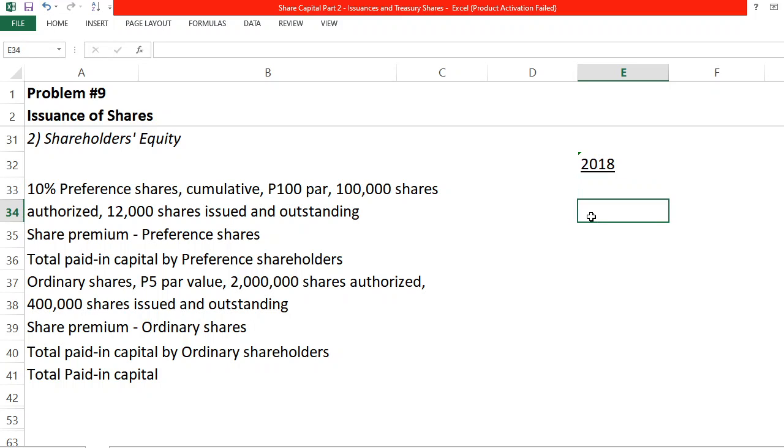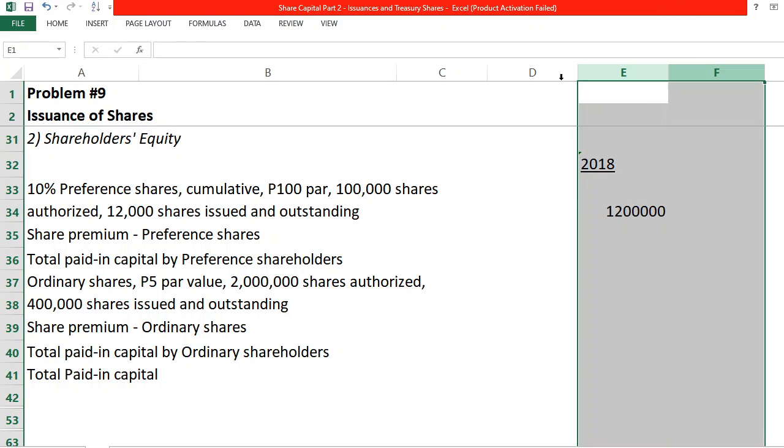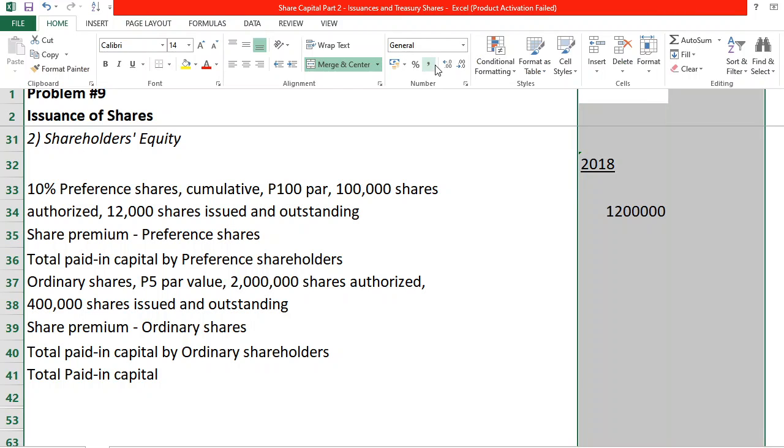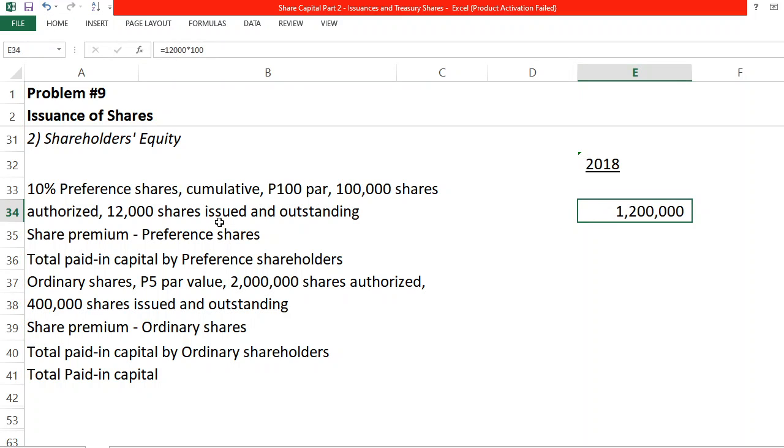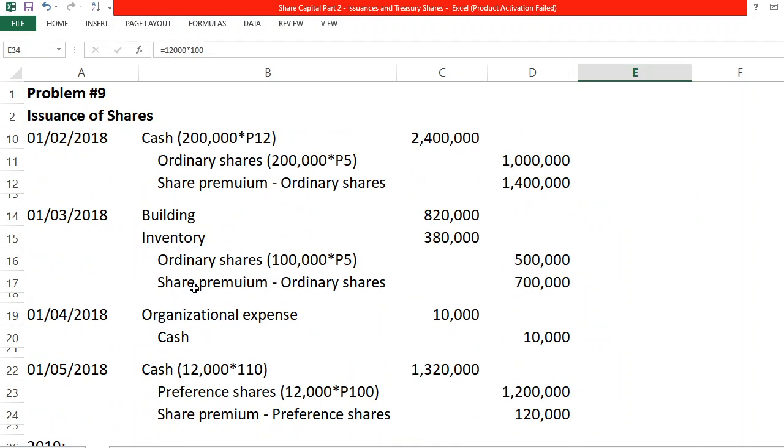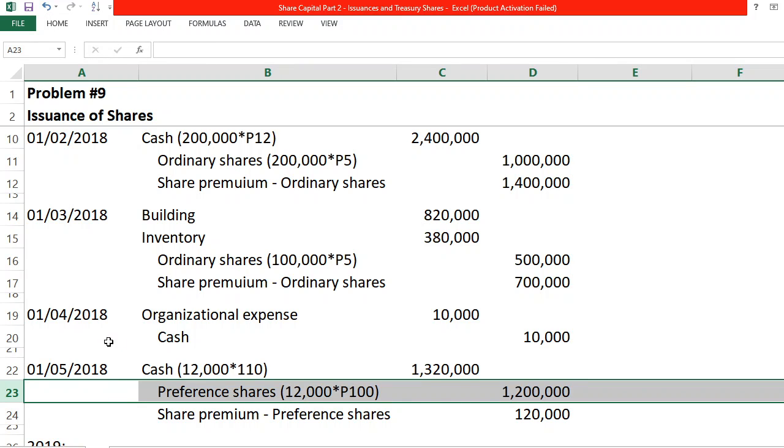So first, we have preference shares. We issued 12,000 shares times 100, so we have 1.2 million at par. Let's see if 1.2 is what is in our entries. We only have one transaction for preference and it is this transaction.